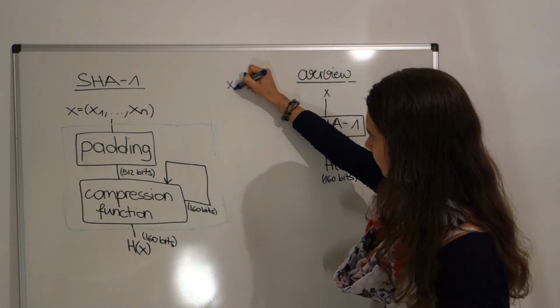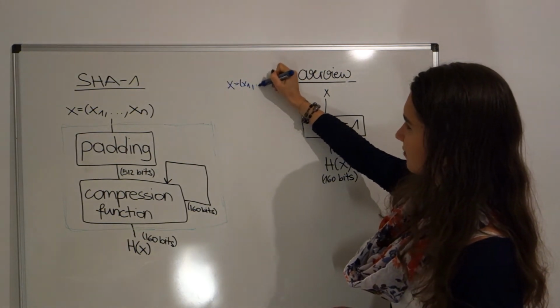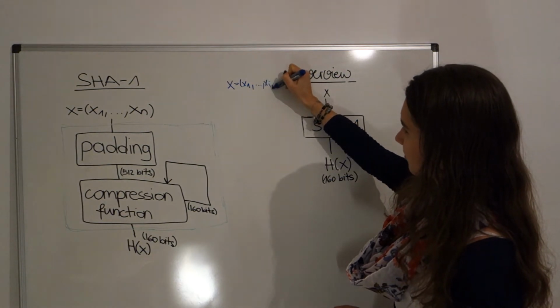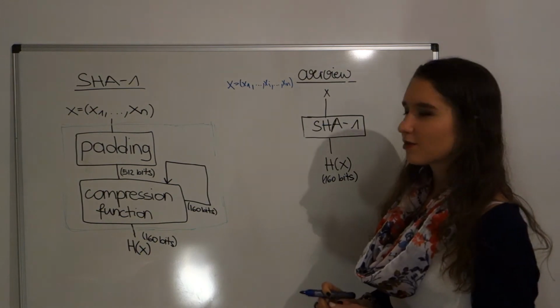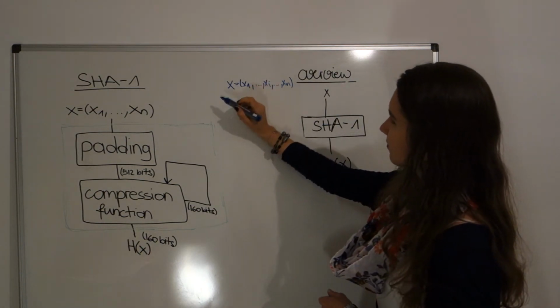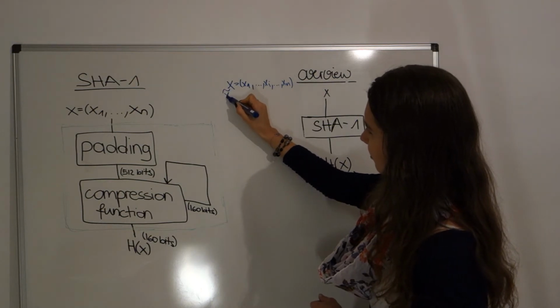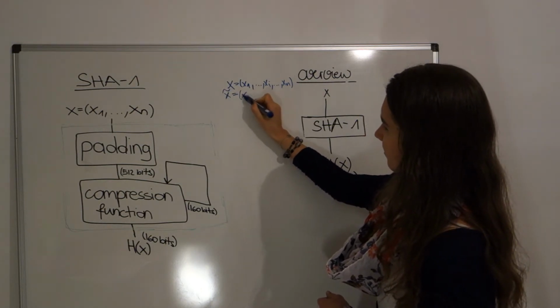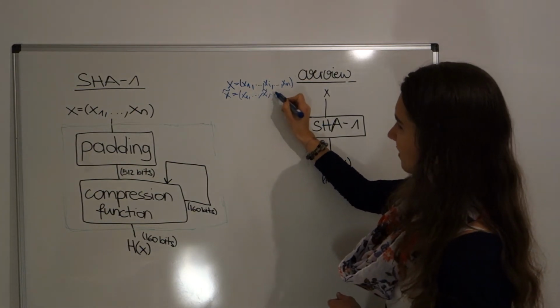if, for example, you want to send a message X, which is X1, somewhere Xi, to Xn, and there's an evil person, Oscar, who makes a message X tilde out of X. He changes Xi to Xi tilde.